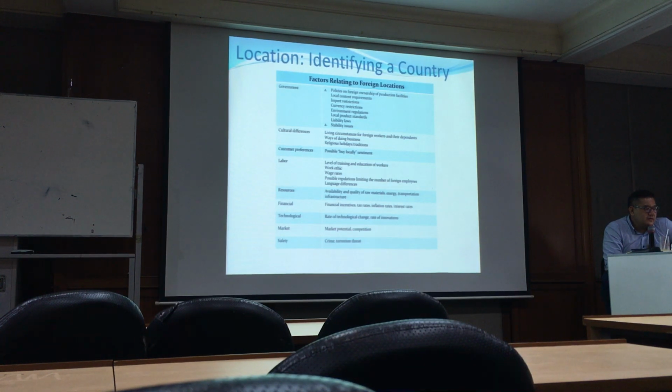Or the competition or the safety factor. Okay, so this is the list of factors related to the global location.